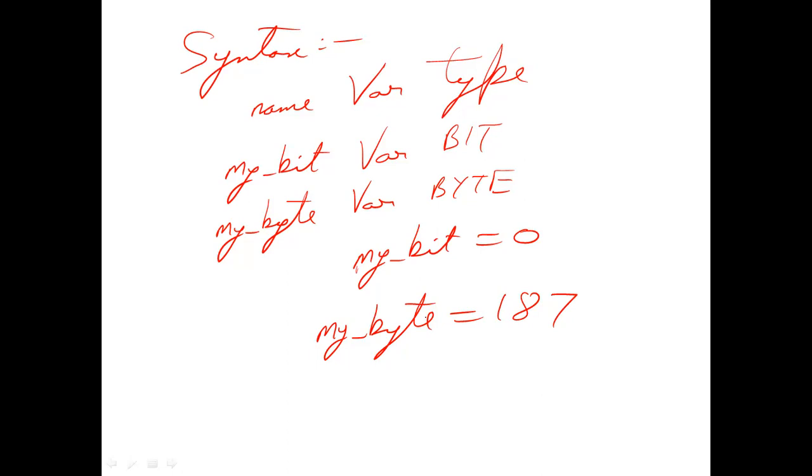Now if we take some more examples, like if I write LED VAR PORTB.0, what will it do? This would designate the variable LED as the state which is prevalent at pin RB0, right?